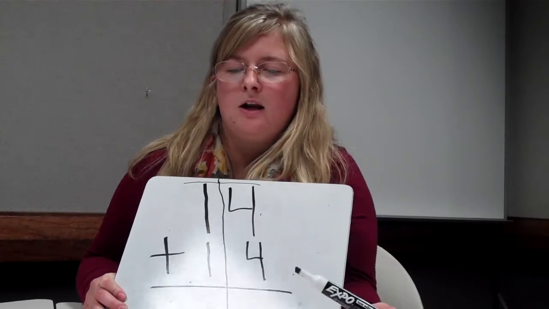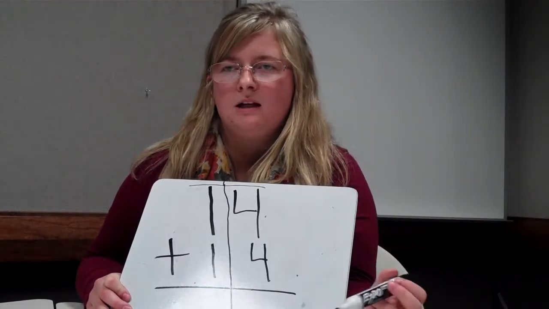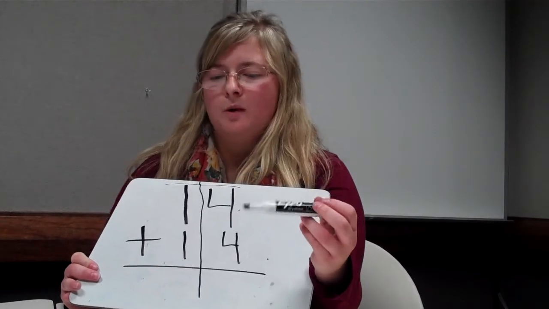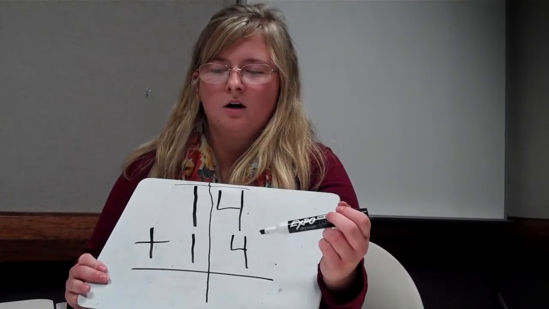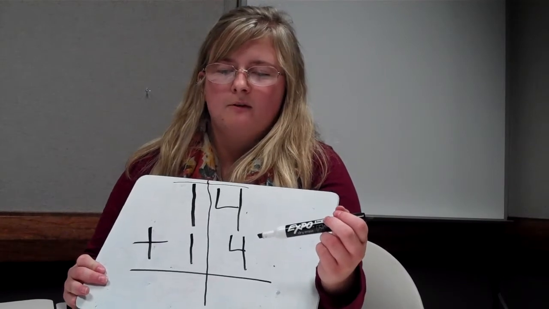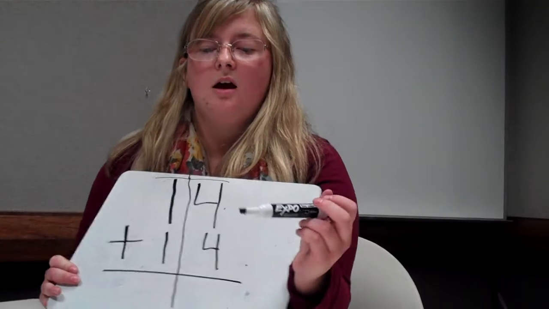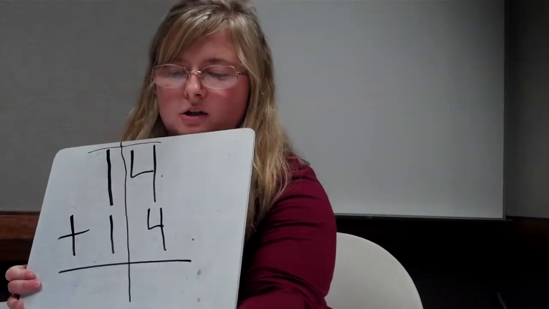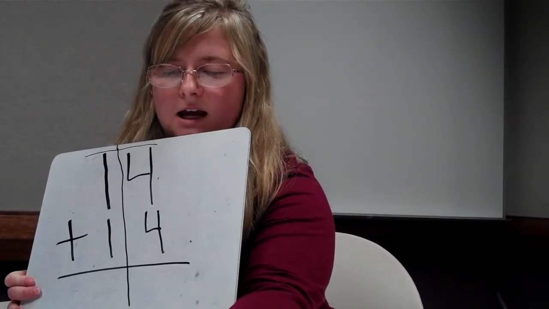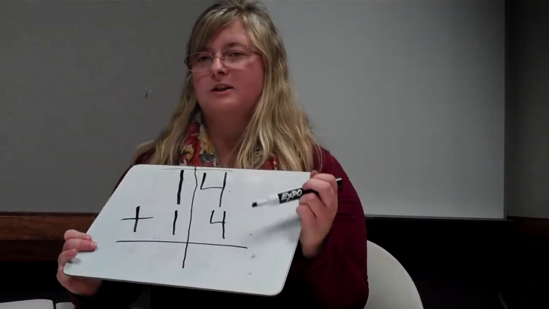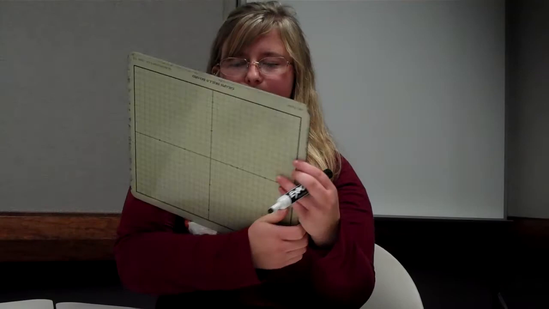And I handed out a number line just in case you may need a little more help adding the numbers together. So if you want to put your finger on the 4, and then I want you to add 4 more. So when we add, we go up, right? Yes. Okay, so let's add together. So we have 4, 5, 6, 7, 8. Good. So what's 4 plus 4? 8. Good job.